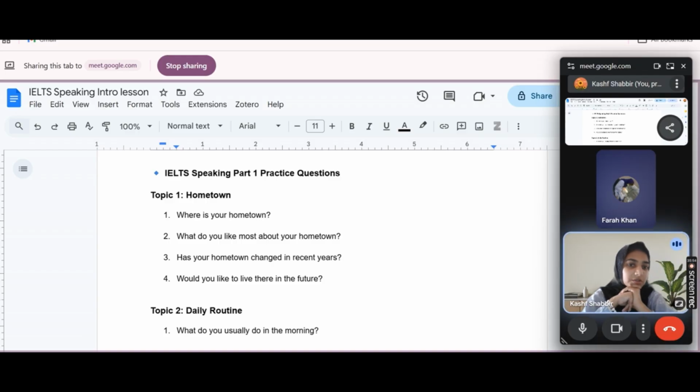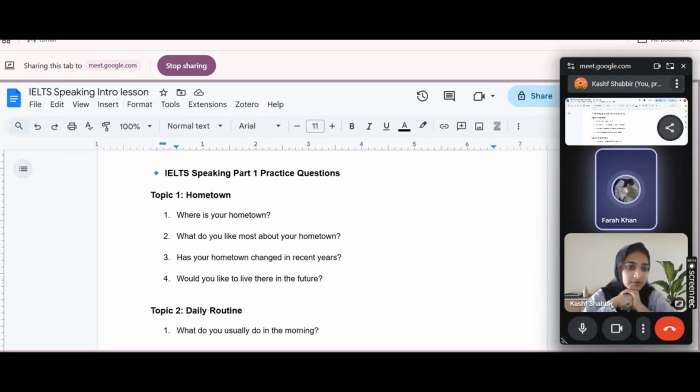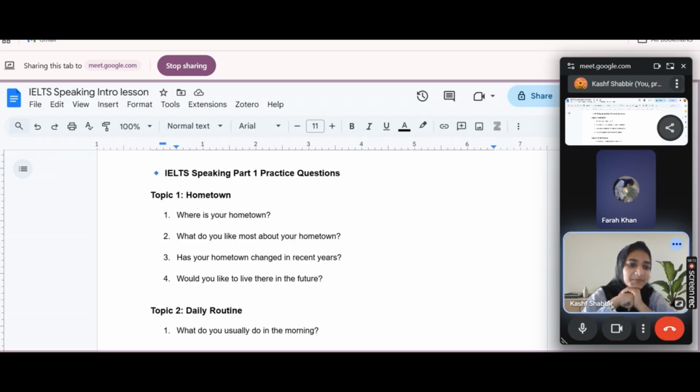Good, very good. So you mentioned a lot of construction and a lot of infrastructure has been built in your city now. Do you think it's a positive development or a negative development? It's a positive development because previously people didn't have a place to go and spend some healthy time.